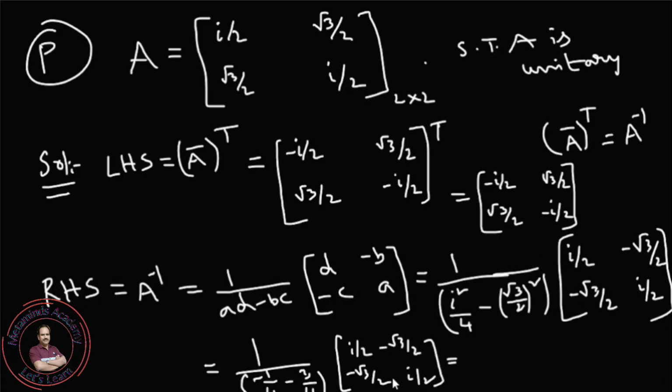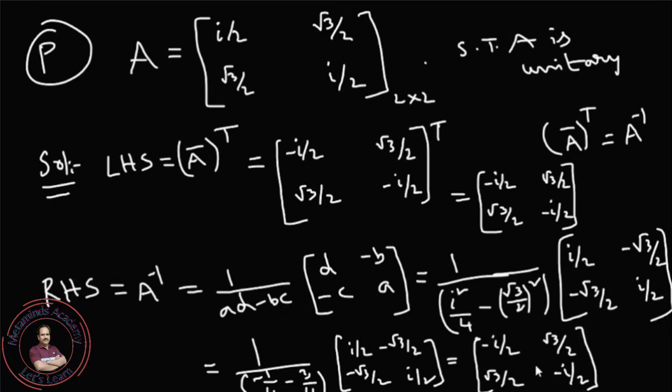So minus 1 by 4 minus 3 by 4 is minus 1. So 1 by minus 1 is minus 1, and you need to multiply it by minus 1. It is minus i by 2, root 3 by 2, root 3 by 2, minus i by 2.